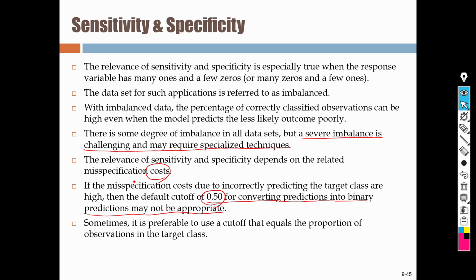Some cases can be the opposite. So depending on the situation, depending on the cost of the misclassification, you can change the cutoff criteria. You can increase the cutoff criteria or decrease it.